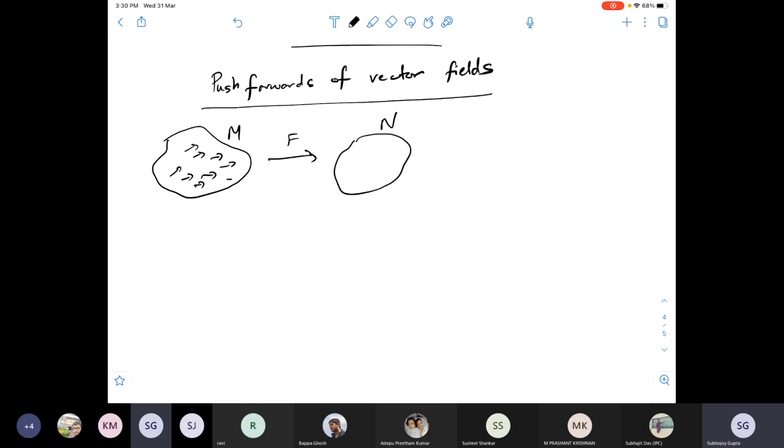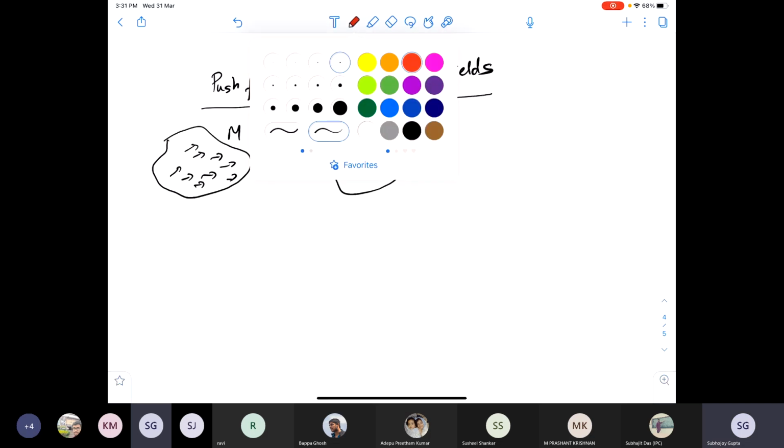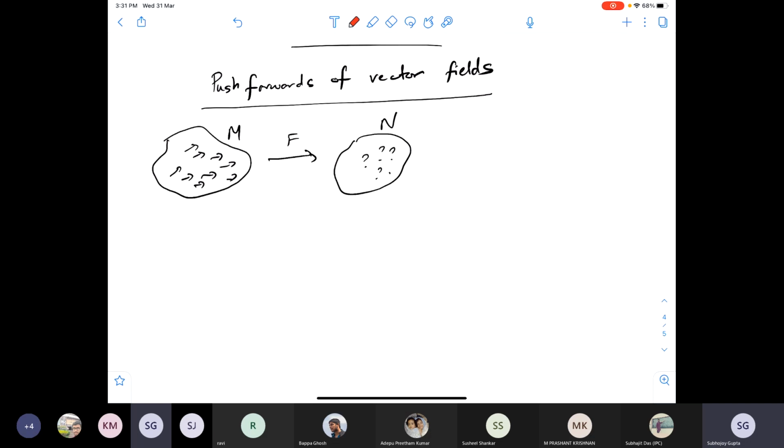I want to define a vector field on N. One way to do it: suppose I look at a point P in the manifold M. At P you have a tangent space, and let's call the vector field Y. This is a vector field on M.